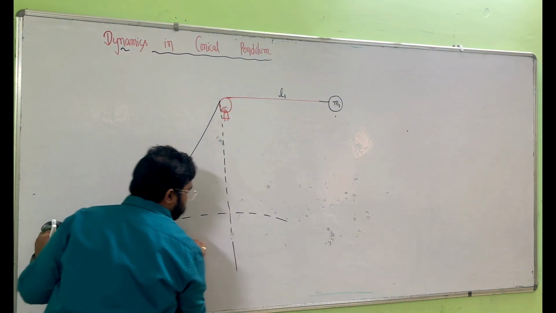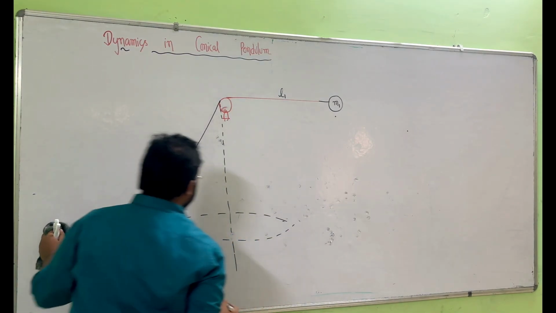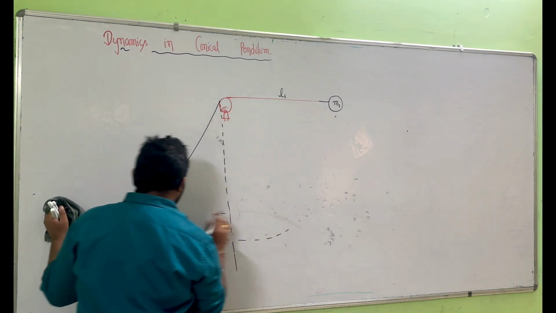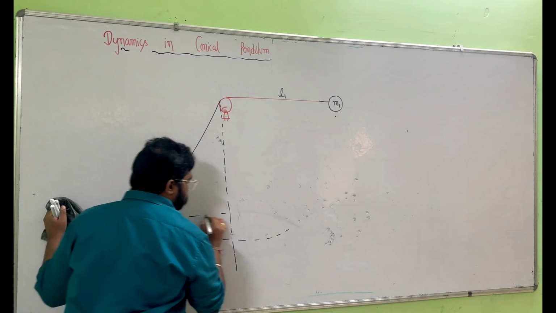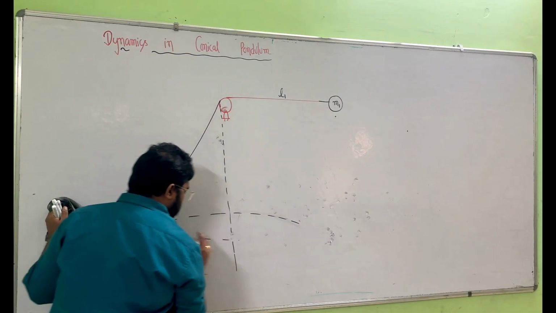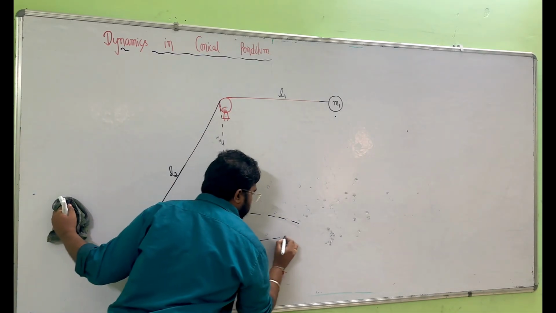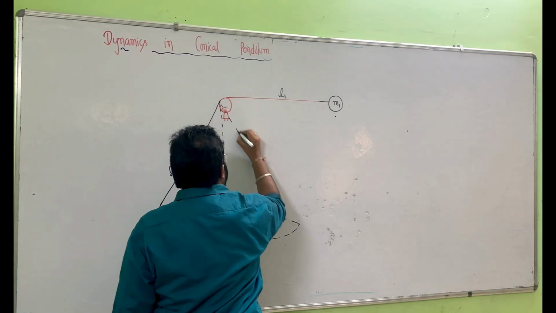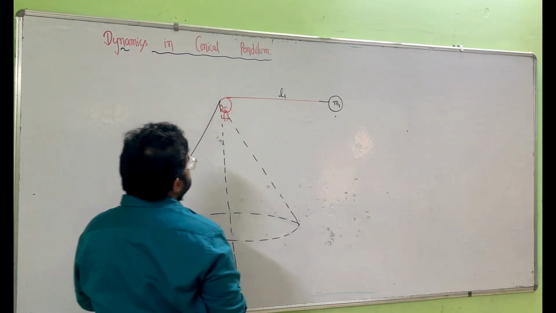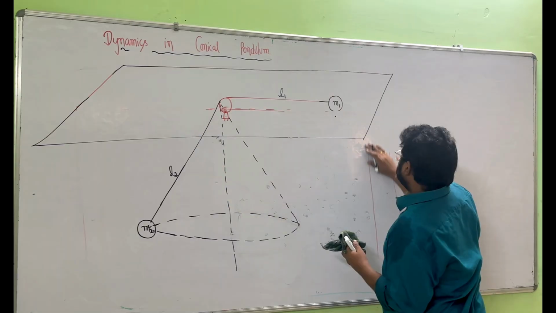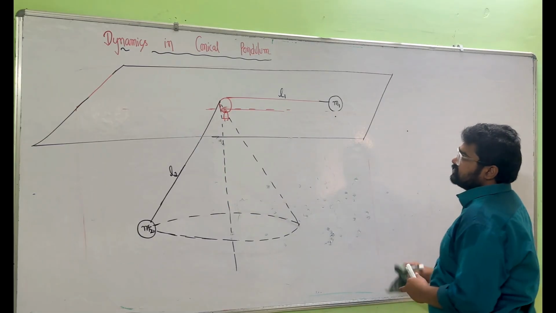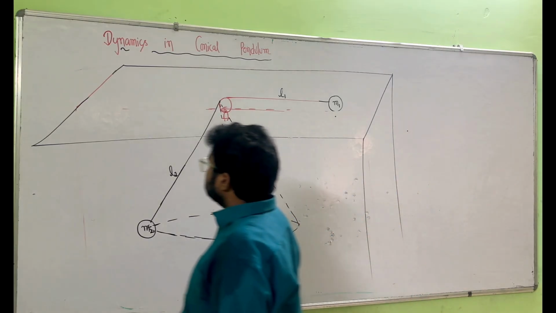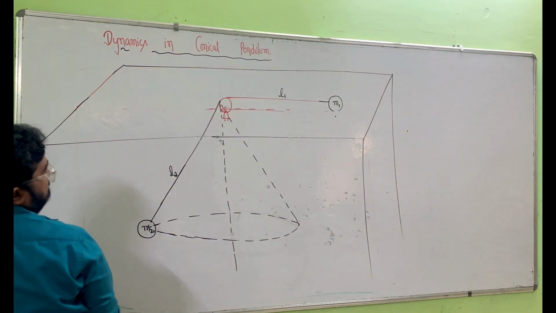It is a combination of horizontal circular motion as well as this. How to visualize this case? The entire discussion is below the table, vertical, with this conical pendulum.